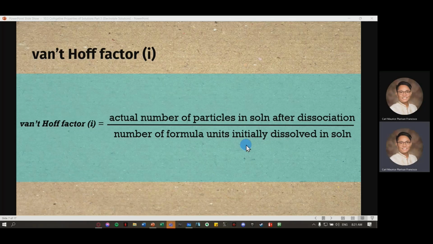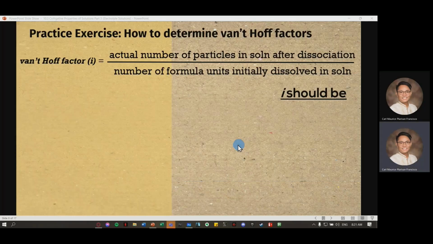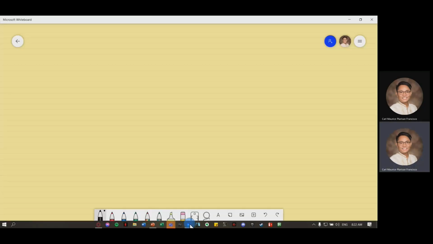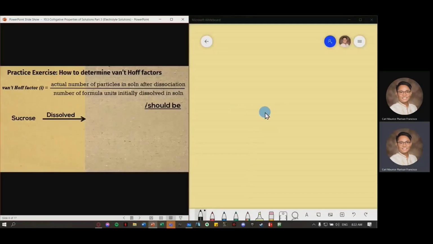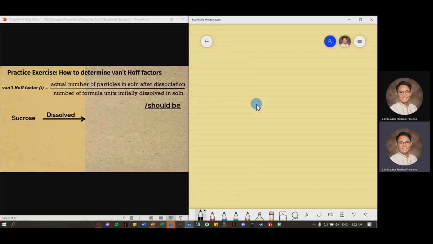Let me give an example. Okay, so practice exercise. How to determine the Van't Hoff factors? So once again, this is your equation. So let us have here this one, sucrose. All right, so we need to determine the Van't Hoff factor of the following.